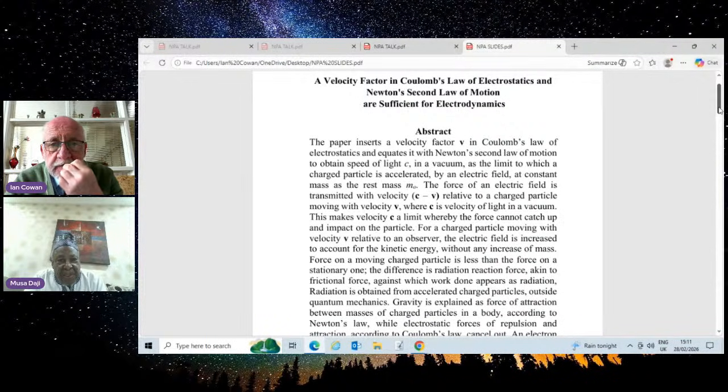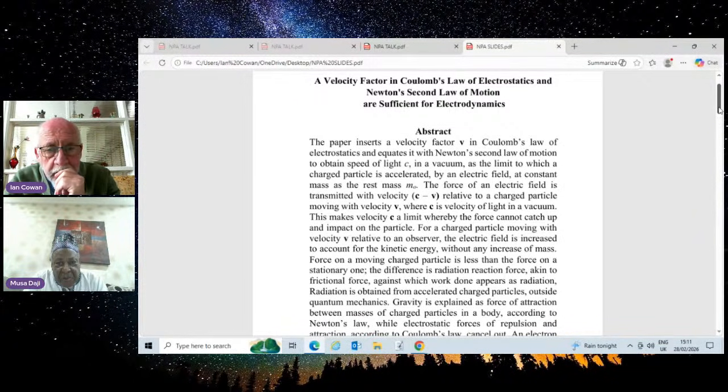The paper inserts a velocity factor in Coulomb's law of electrostatics and equates it with Newton's second law of motion to obtain the speed of light c in a vacuum as the limit to which a charged particle is accelerated by an electric field at constant mass as the rest mass.